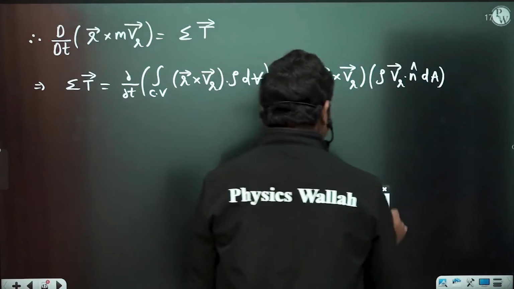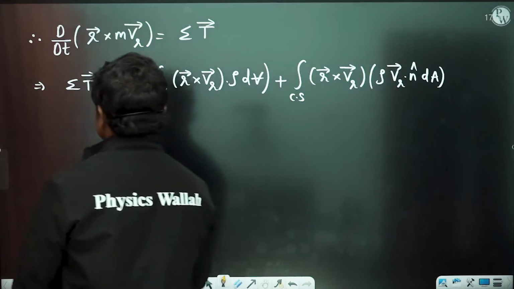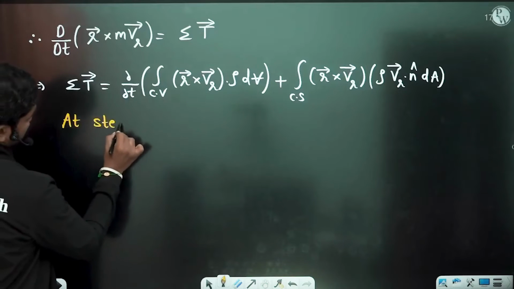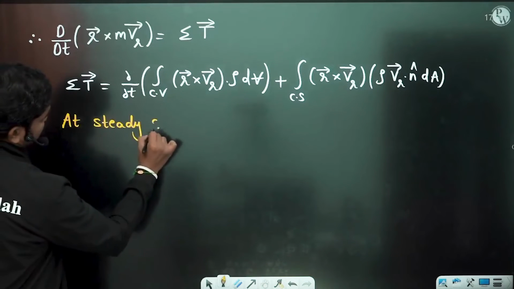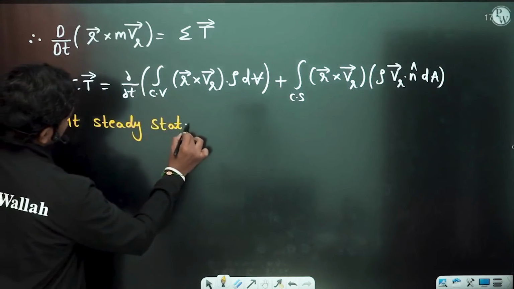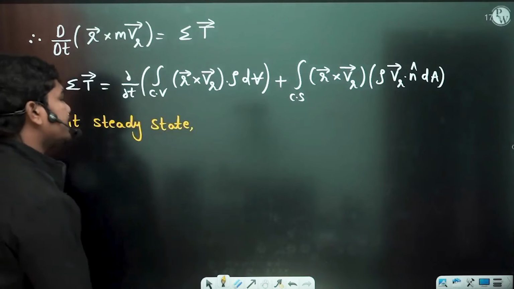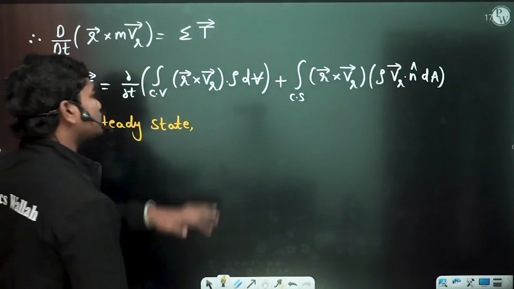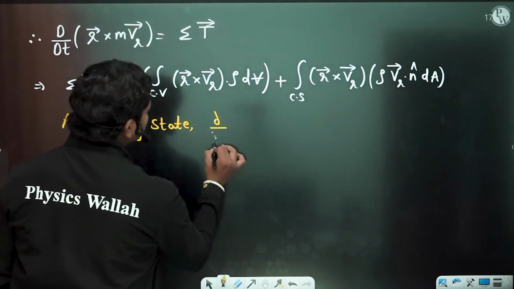Okay, so now if you see this at steady state, at steady state operation, the rate of change of this quantity with respect to time is 0. So dou by dou t of any quantity is 0.